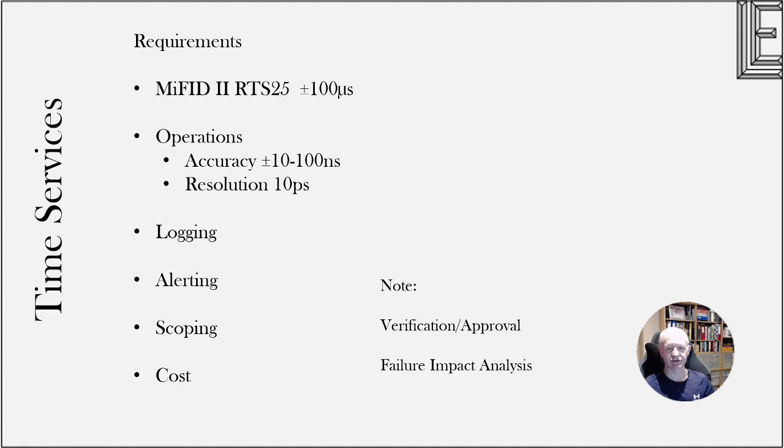For each of these requirements, a method of measurement and validation should be determined. For example, when a maximum offset is determined, is this an absolute maximum, a 99th or 95th percentile, or a standard deviation? Who do these figures have to be presented to for approval, and in what format?